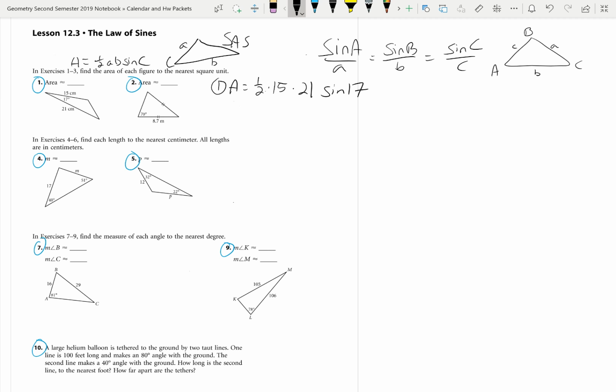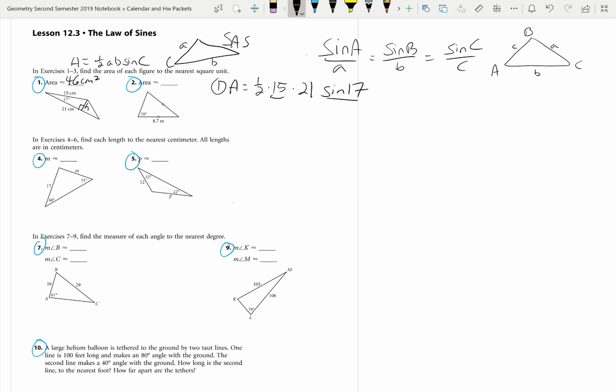Okay, so as I was saying, if you draw the height or the altitude, the altitude is going to be 15 sine 17. The base is 21. This is really the same thing as 1/2 base times height. So that is the area, and when you calculate it out, you should get about 46 centimeters squared.